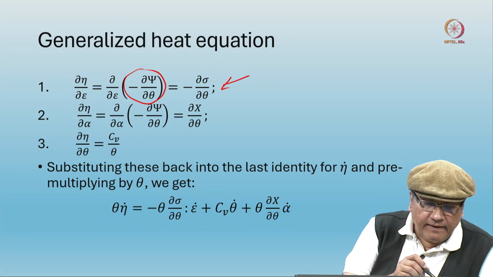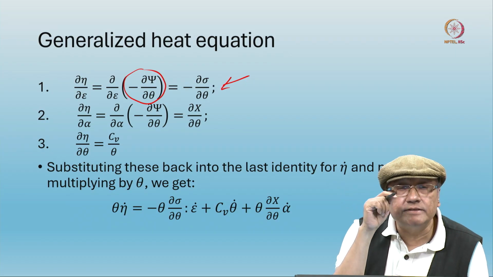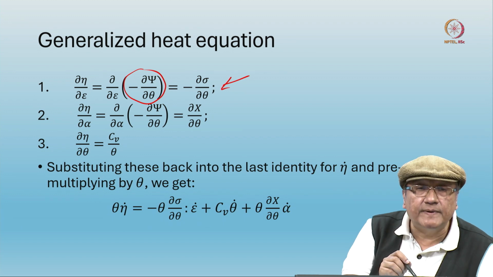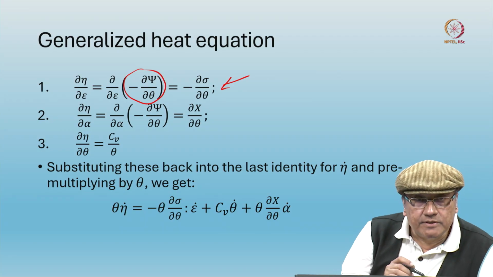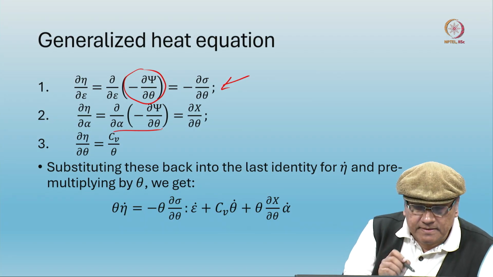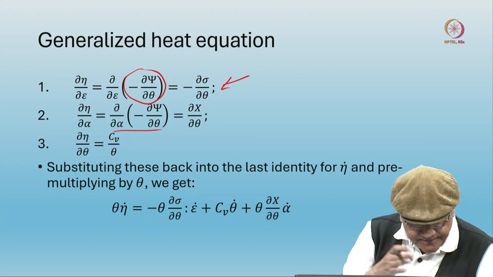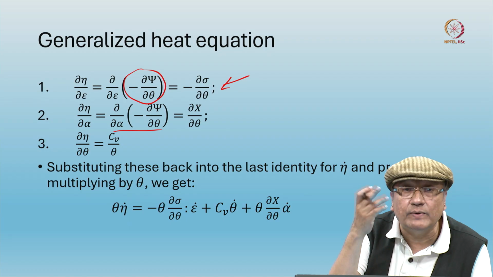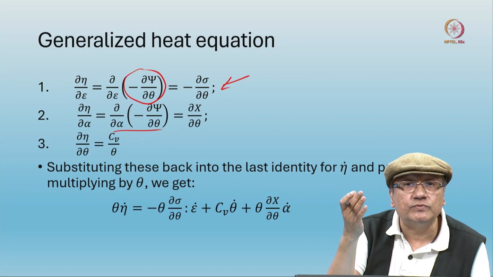Then we have delta eta by delta alpha. That you write in the same way, eta replaced by minus del psi by del theta, and then swap the derivatives. So this will be minus minus del psi by del alpha, that is the first derivative, and then you take the derivative with respect to theta. But minus del psi by del alpha gives you X, the thermodynamic force conjugate to the flux alpha dot.